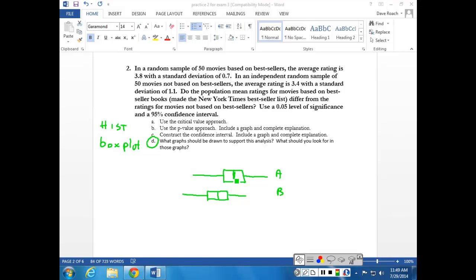What other things might you look for? Outliers are extreme values. So let's say that these graphs look like, let's see if I can, no, maybe I don't need to do that.